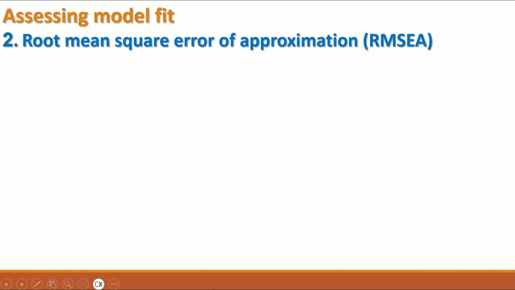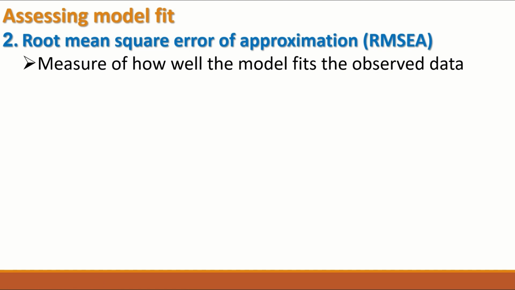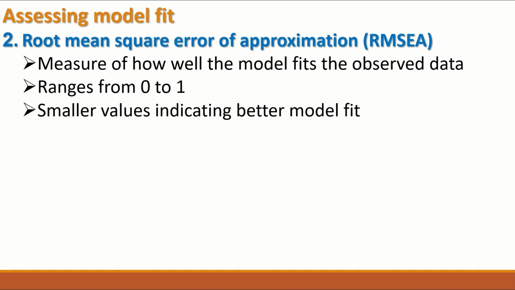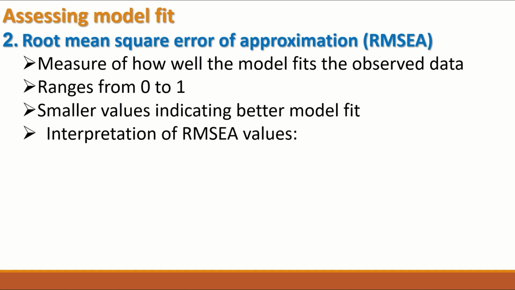The next index is the root mean square error of approximation, RMSEA. The index measures how well the model fits the observed data. The value for that index ranges from 0 to 1. Smaller values indicate better model fit.